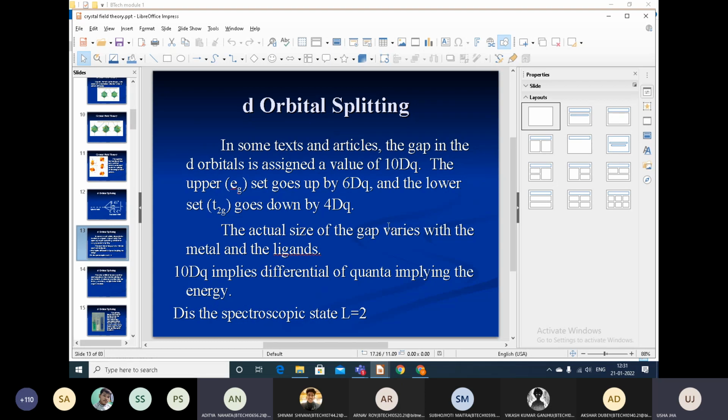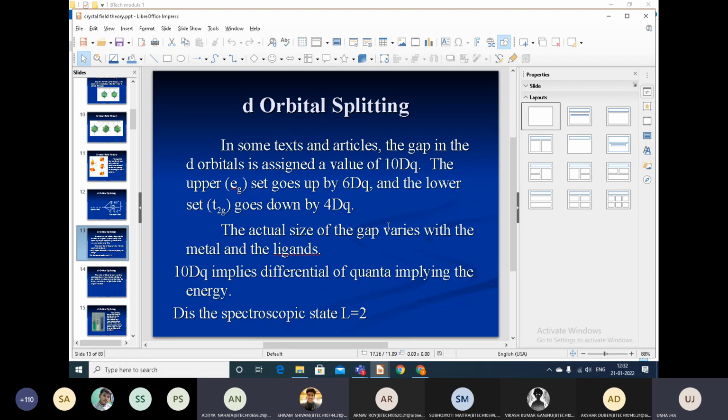Whether it is a weak ligand or a strong ligand determines how much splitting takes place between the EG and T2G orbitals when the degeneracy is resolved as the ligands approach. A weak ligand may cause a smaller amount of splitting between the d orbitals.